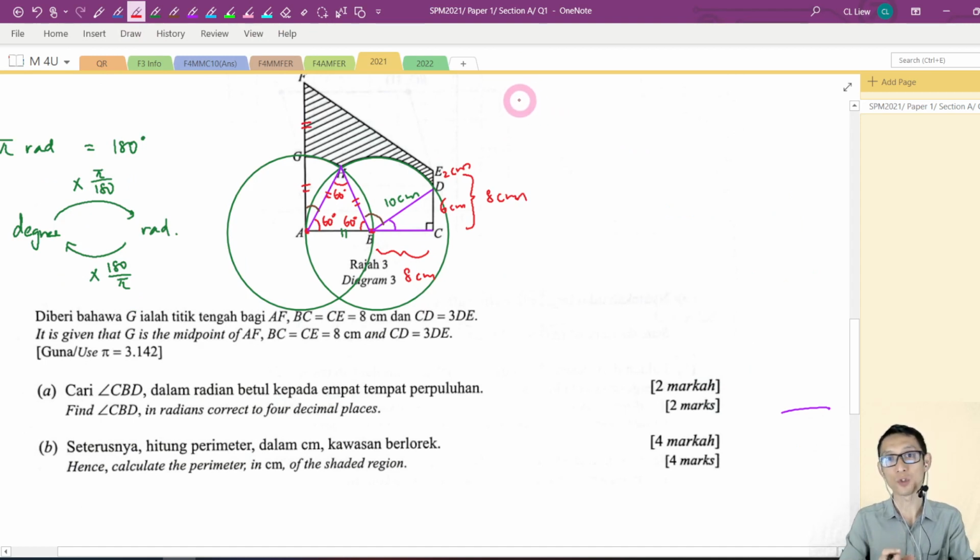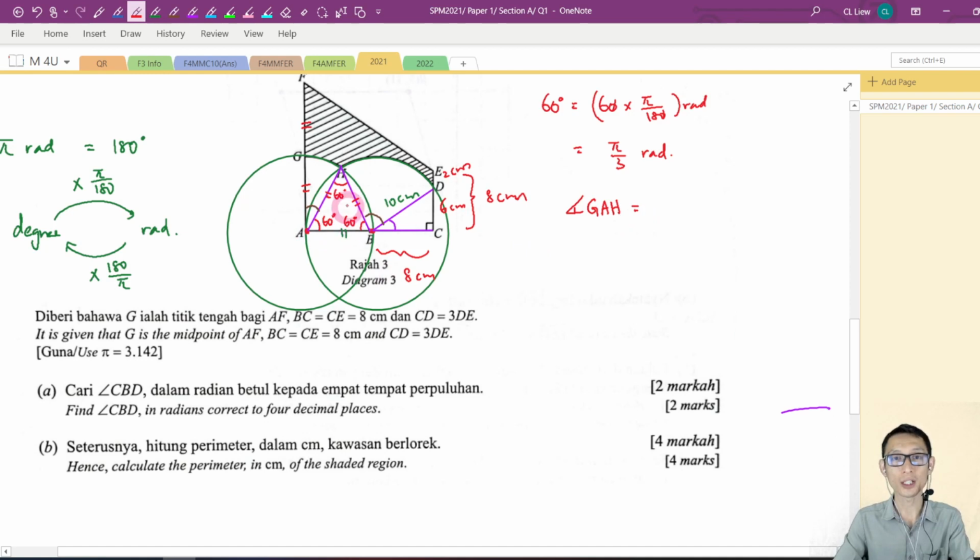First, let me convert 60 degrees to radian. So 60 degrees is actually equal to 60 times pi over 180 radian, which is pi over 3 radian. Okay, now let me find the angle GAH first. Angle GAH is 90 degrees.